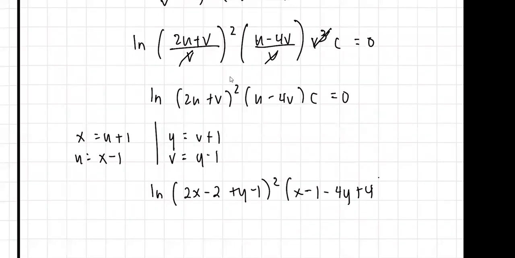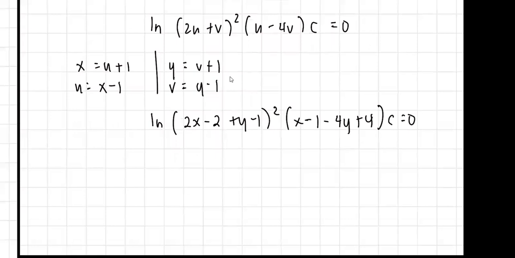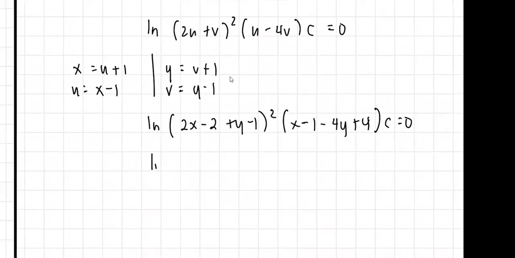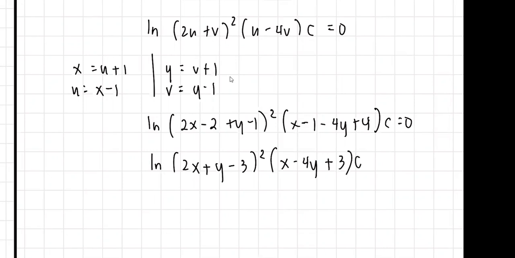Okay, 4y plus 4 c is equals to 0. So this will be ln 2x plus y minus 3 squared times x minus 4y plus 3c is equals to 0. Okay, so this will be your final answer.